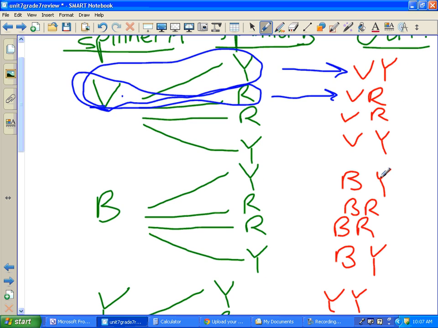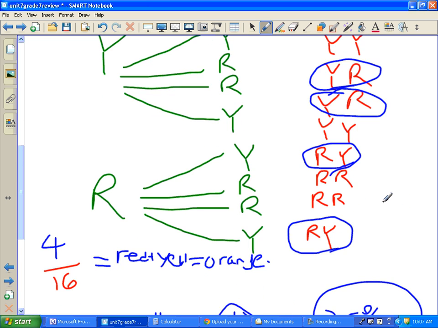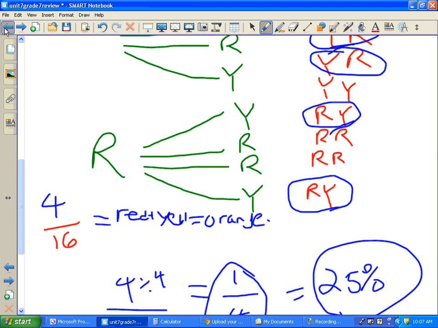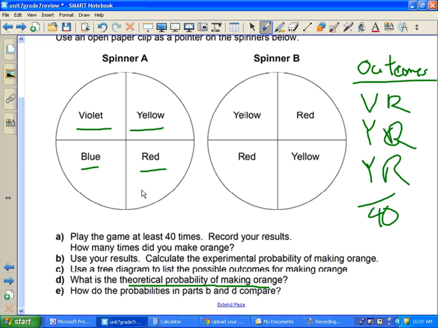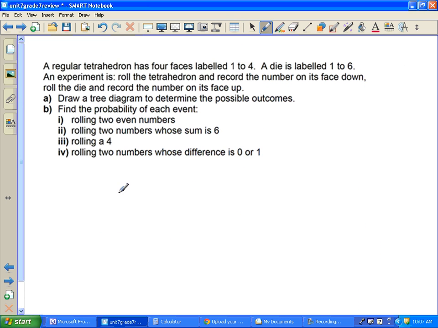So you're listing out your outcomes so that you know theoretically what it could work out to. So that's the easiest way to do that one. You could do it experimentally, which means you could actually do the experiment and see what you ended up with 40 times, or you could calculate it based on theory.